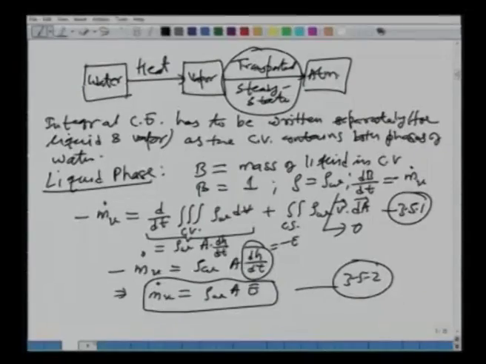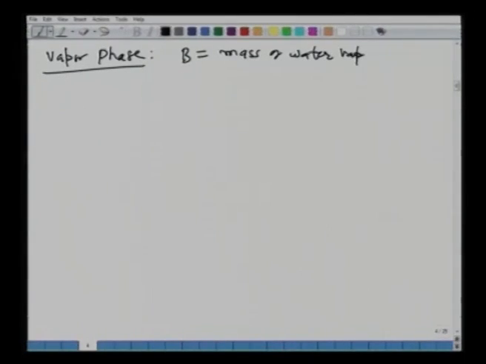Now, let us look at the same thing for the vapor phase. For the vapor phase, the extensive property we will define as the mass of your water vapor in the CV. Okay.